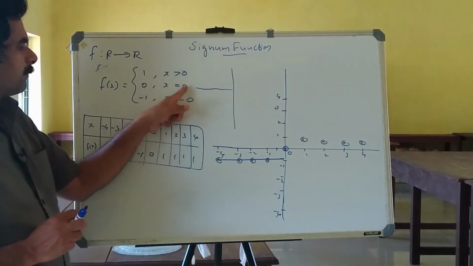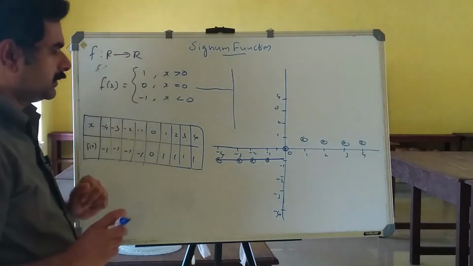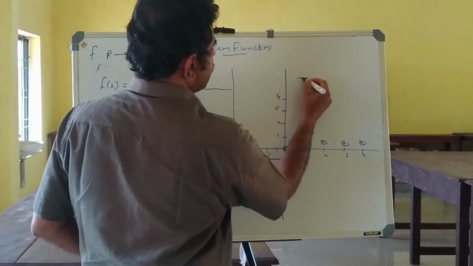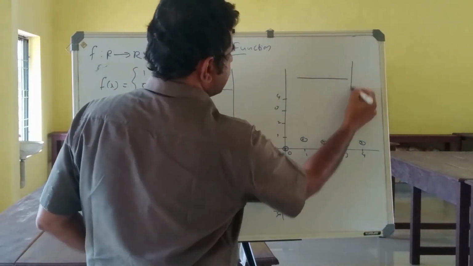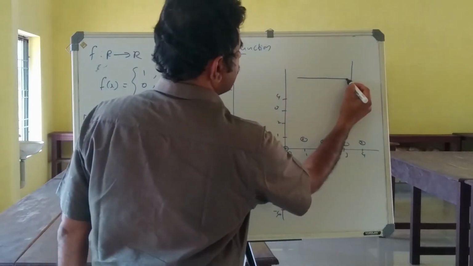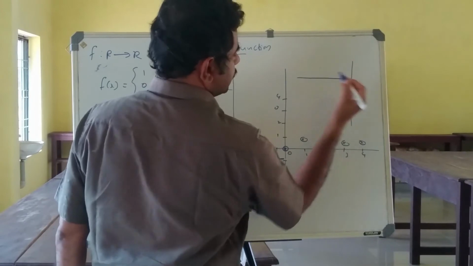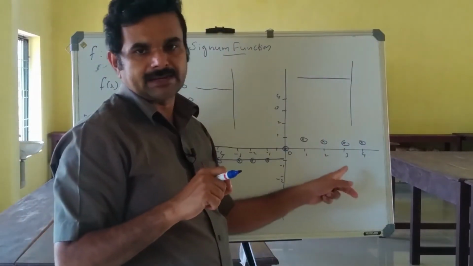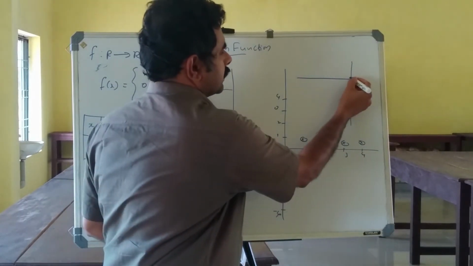For x equal to 0, f(x) will be 0 only. To show that this straight line is not touching the y-axis, you can make a circle mark here.